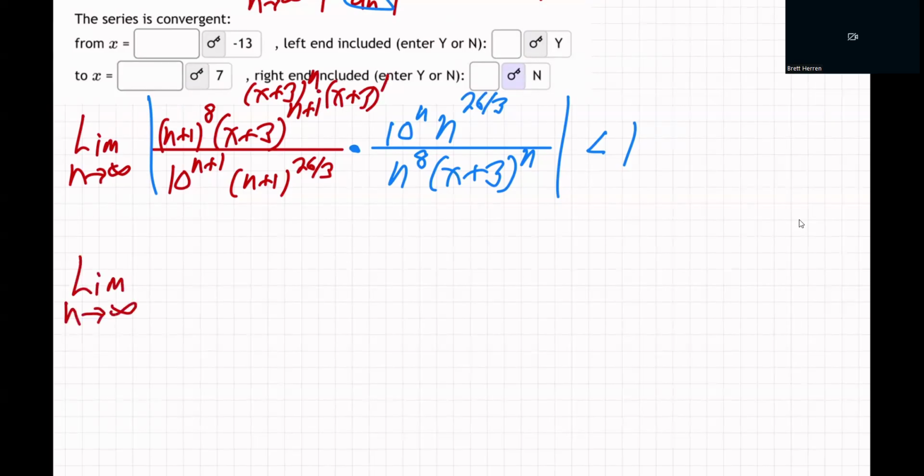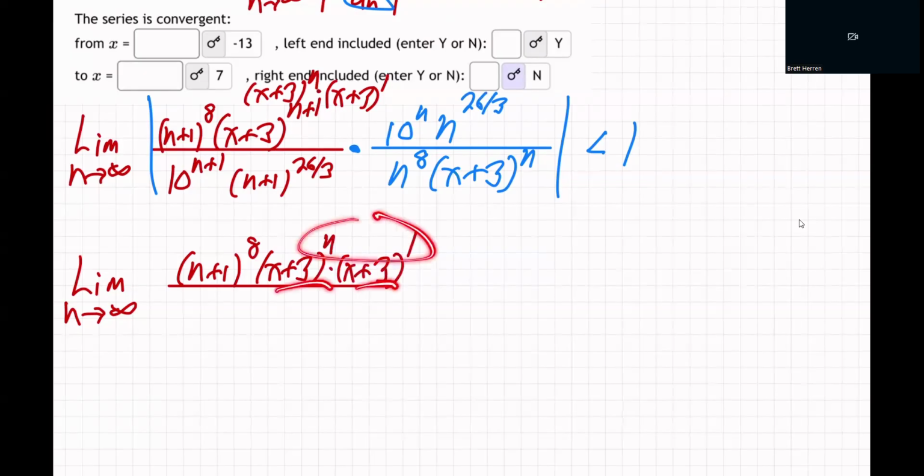Limit n goes to infinity of n plus 1 to the 8th. This is x plus 3 to the n times x plus 3 to the 1, right? Same base, multiplied, powers add, n plus 1. Same thing down here. This is 10 to the n times 10 to the 1.